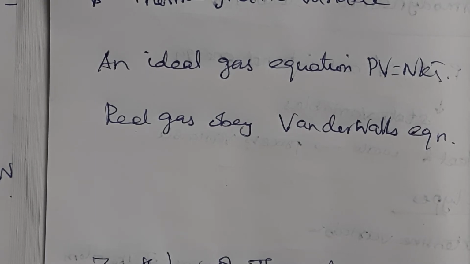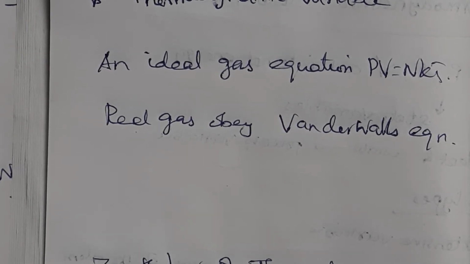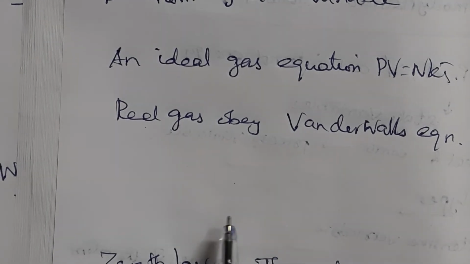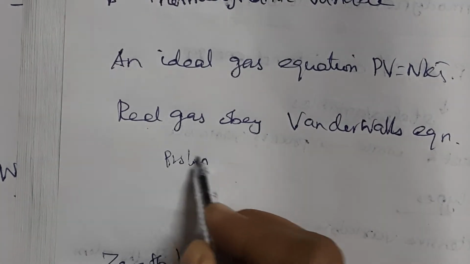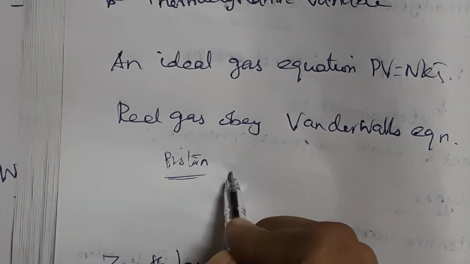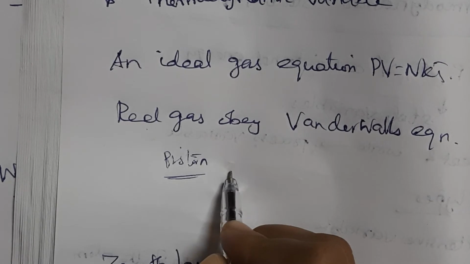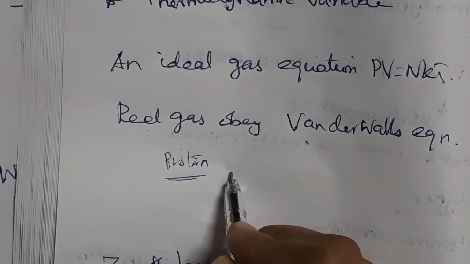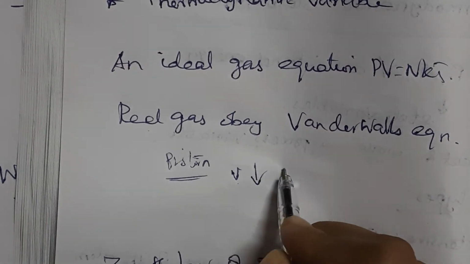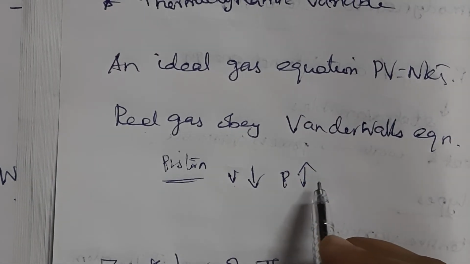That means, if we push the piston of a gas container, the volume of the gas will decrease, but the pressure will increase. If the volume decreases, the pressure will increase. Clear?